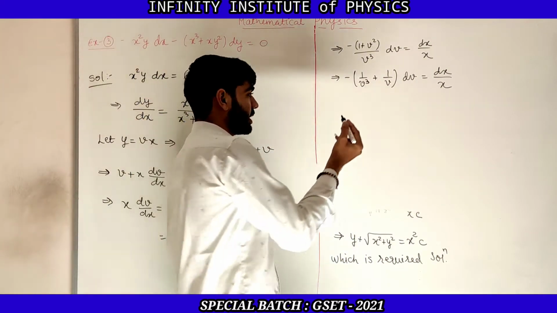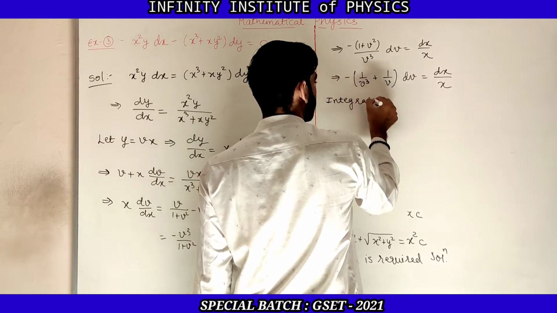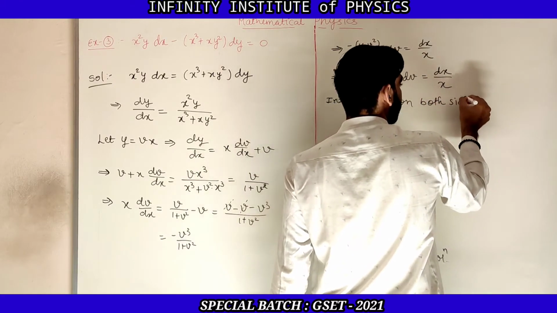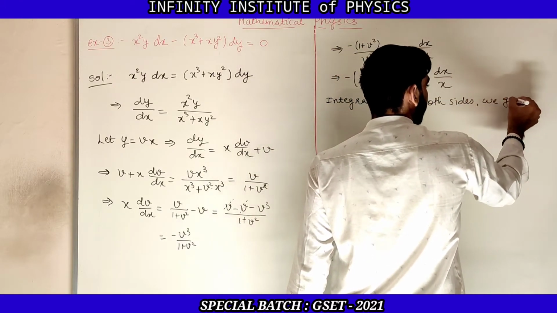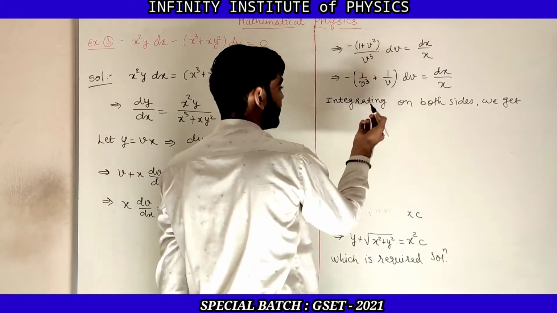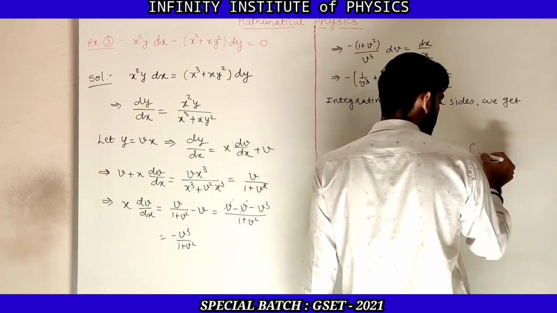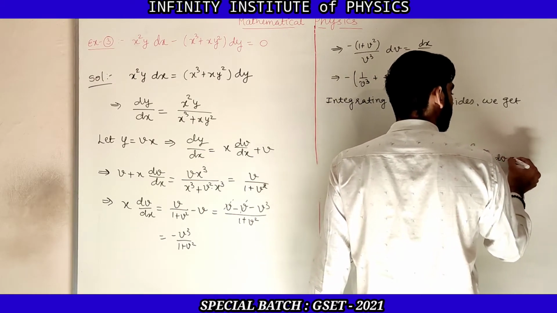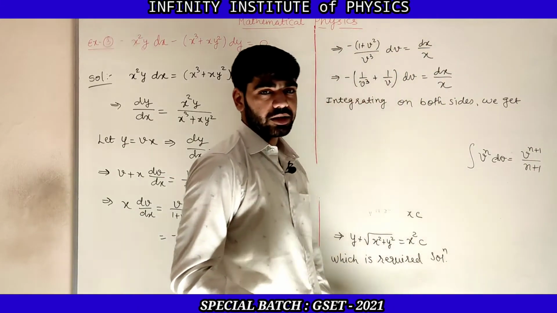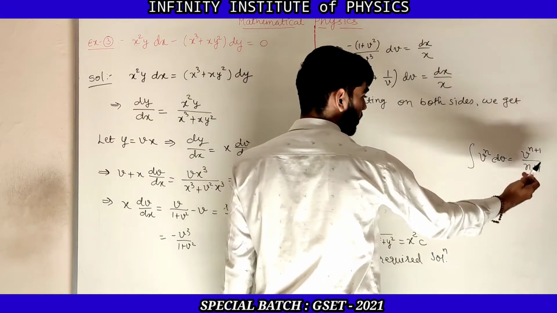And now integrating on both sides. Integration of 1 upon v cube: we know that if we have v raised to n, then the integration will be v raised to n plus 1 upon n plus 1.